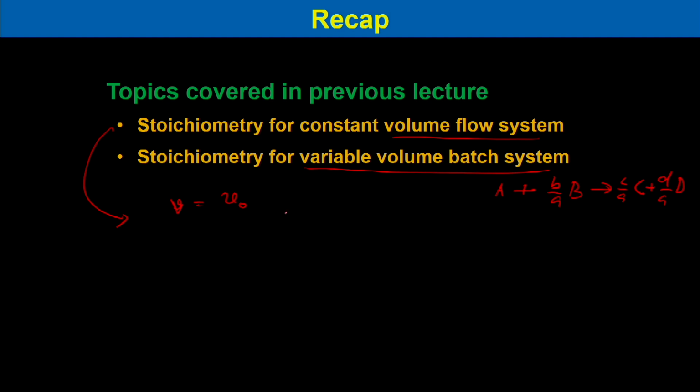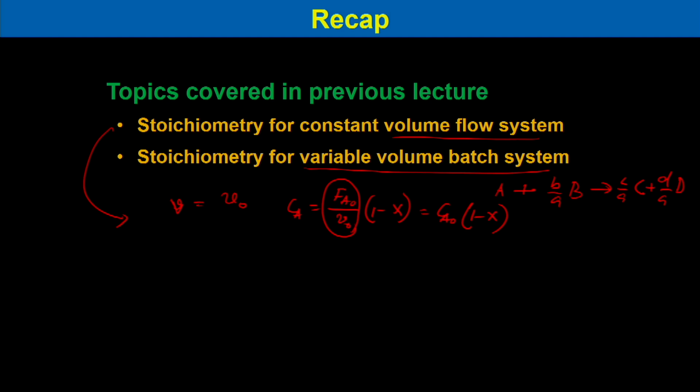That means Ca is equal to Fa naught by V naught into 1 minus x, where x is the conversion. So, this is essentially Ca naught, that is the initial concentration, into 1 minus x.